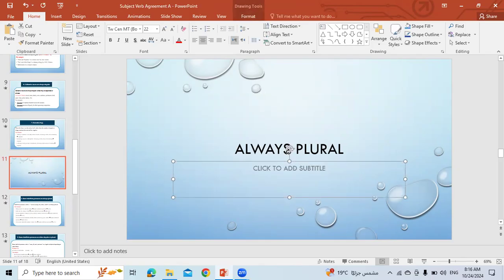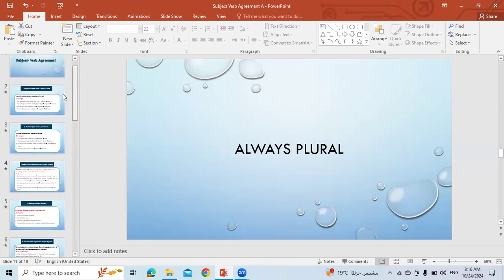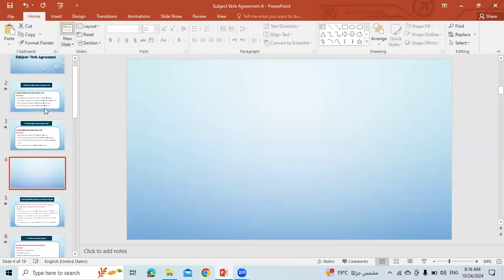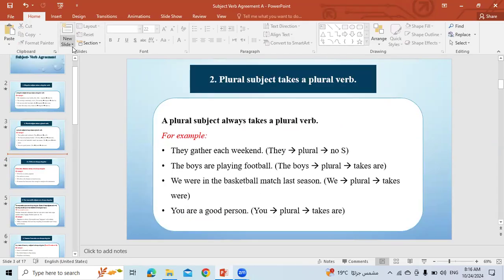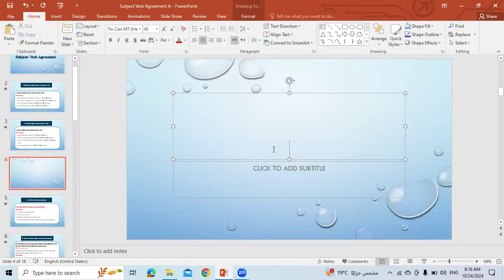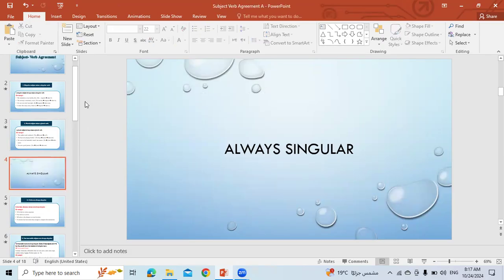We were with the always singular. Now it's the always plural. Let me go here and add a slide also. So that I divide them, we have the always singular, right? And then we will begin with the always plural.